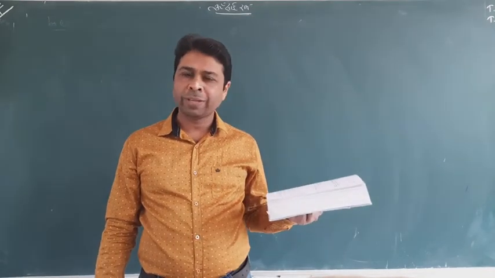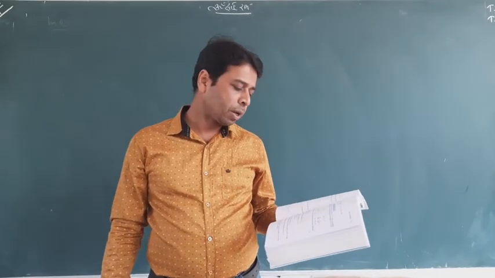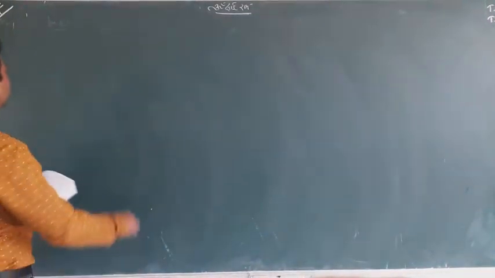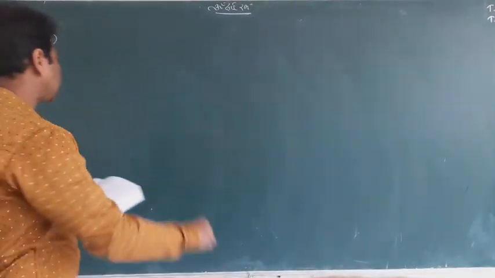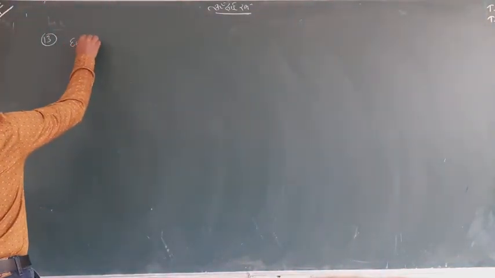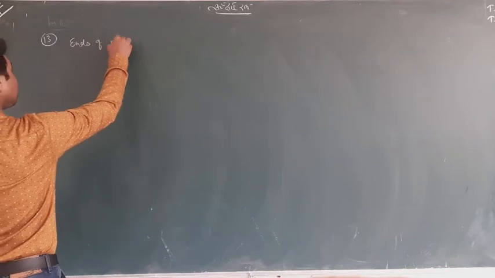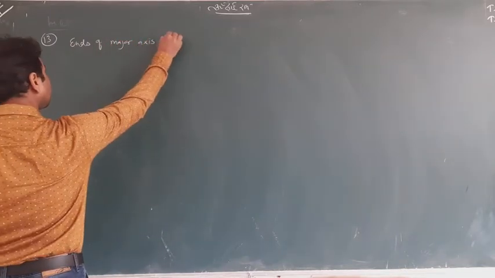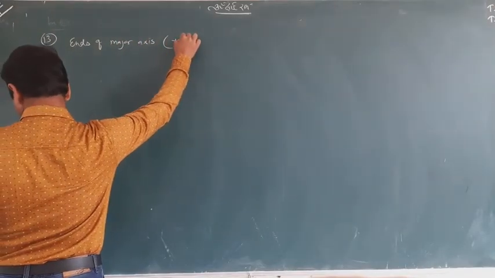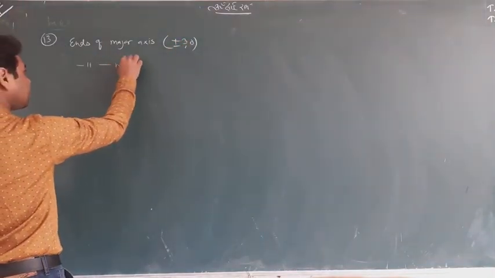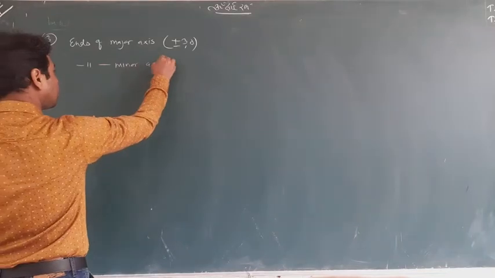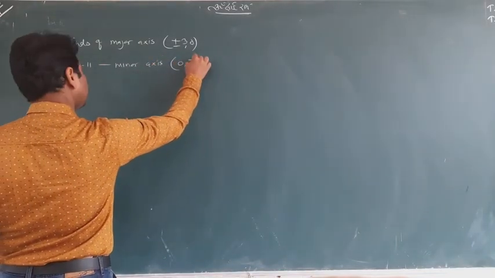One question, the example I taught you, please do. Question 13, I wish to tell you, is not very important, still it is a very short and small question. Ends of the major axis are plus minus 3 and 0, and ends of the minor axis are 0 and plus minus 2.